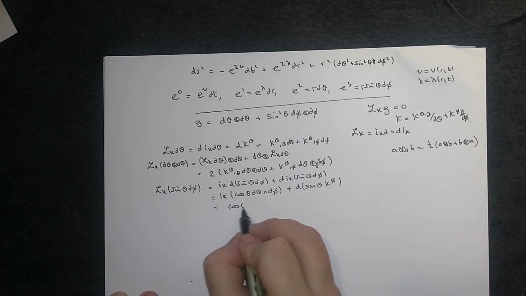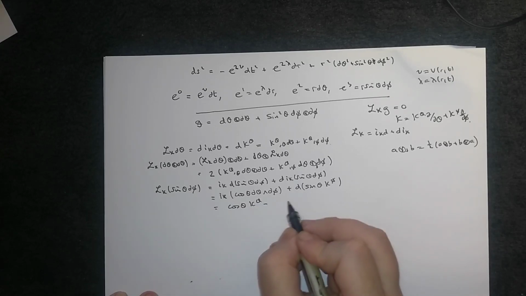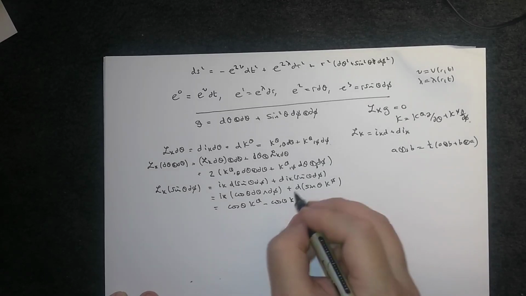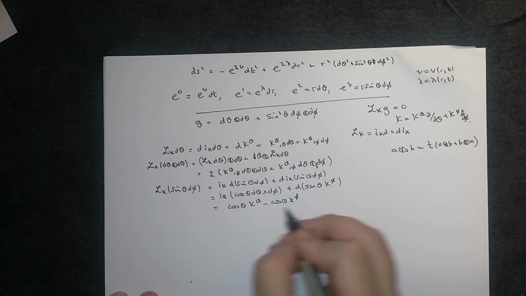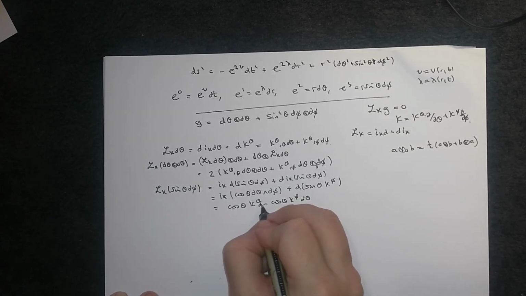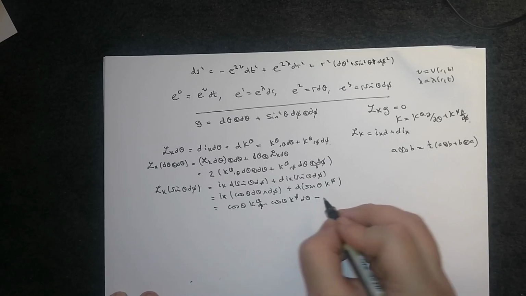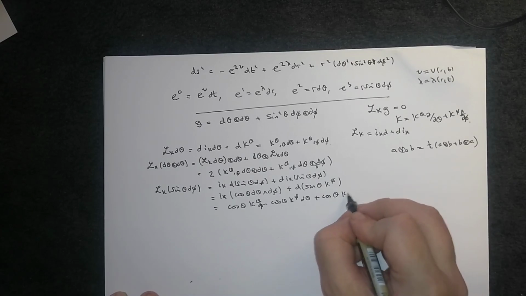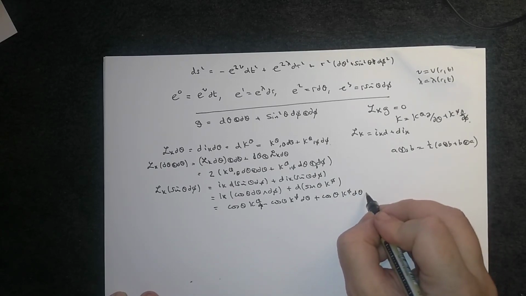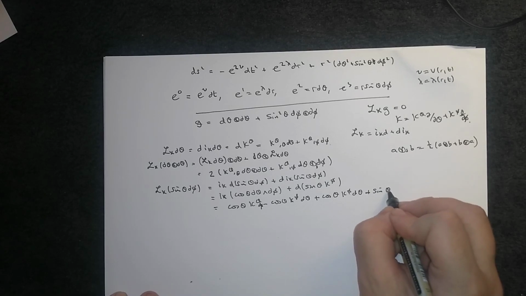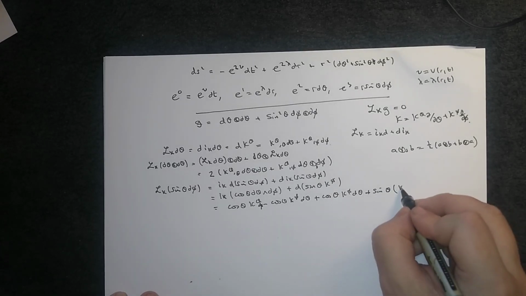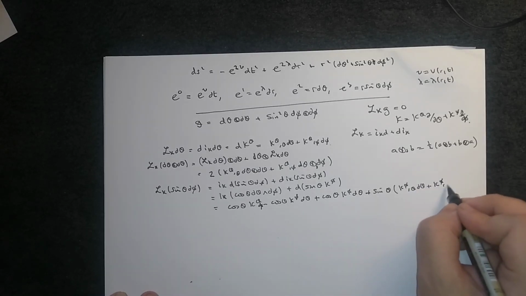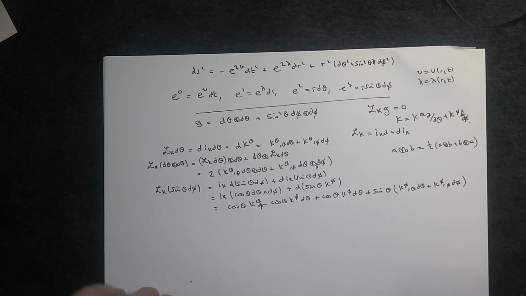And this gives me cos theta times k theta minus cos theta k phi d phi, plus cos theta k phi d theta plus sine theta into k phi comma theta d theta plus k phi comma phi d phi.